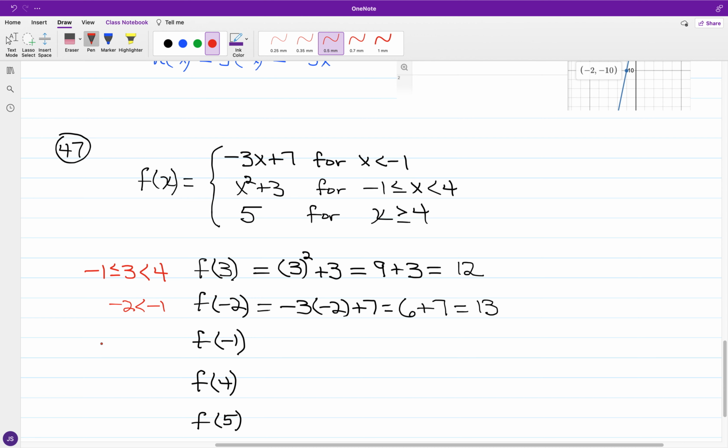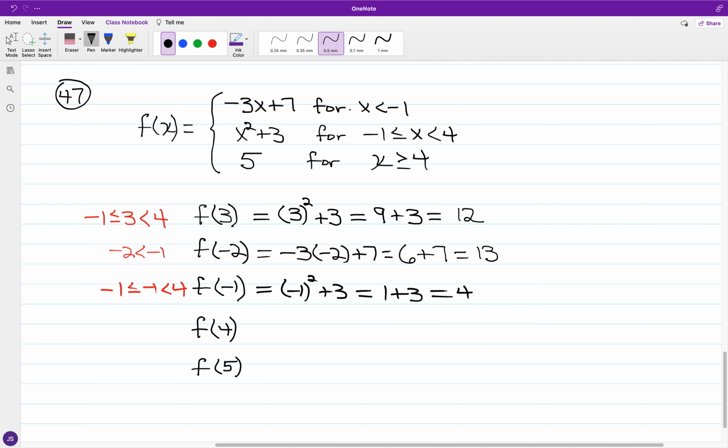And so just like 3, -1 belongs to the second inequality description, and we're going to apply the x squared plus 3 route. So we'll have -1 squared followed by the addition of 3, and the square of -1 is +1, and we have plus 3, and 1 plus 3 is equal to 4.